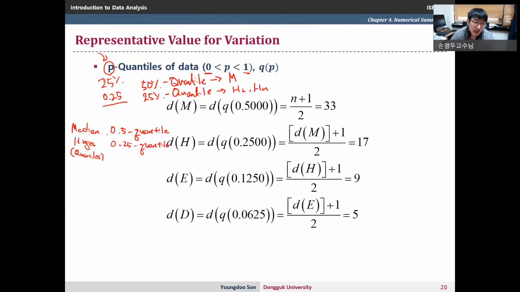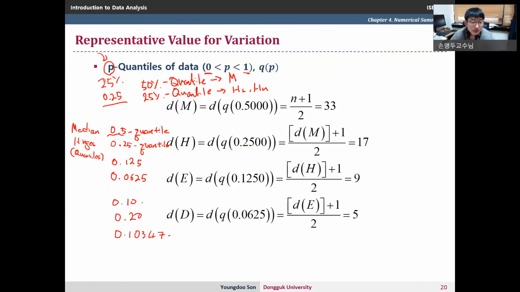However, we can use any p between 0 and 1 here. So we can define 0.125, the half of the quartiles, maybe we can call it octiles. 0.0629, or we can define any other numbers: 0.1, 0.2, 0.10347. We can define any p between 0 and 1 here.